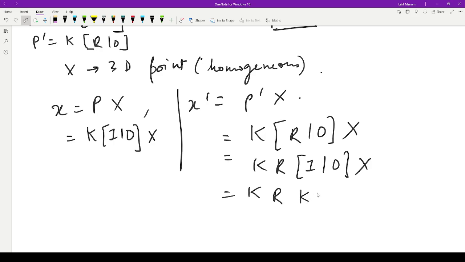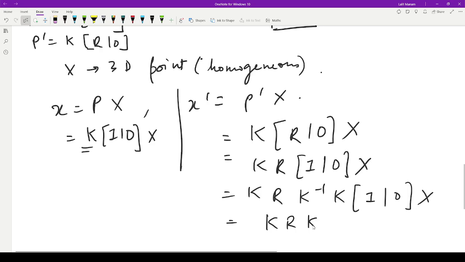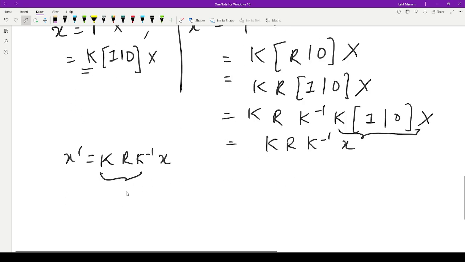Yes, sir. K should be invertible. It's the camera calibration matrix. So this K inverse is coming as x. Since we have a relation x prime is K inverse x, this is the actual homography matrix H.